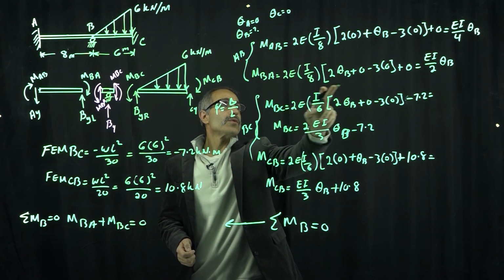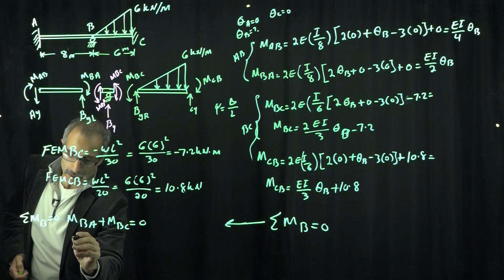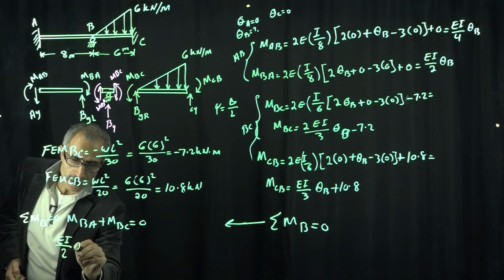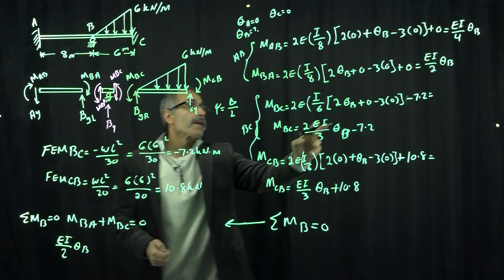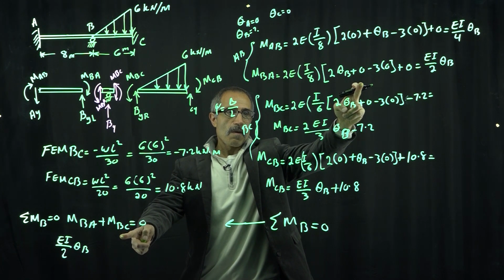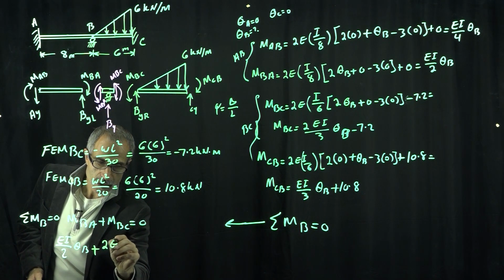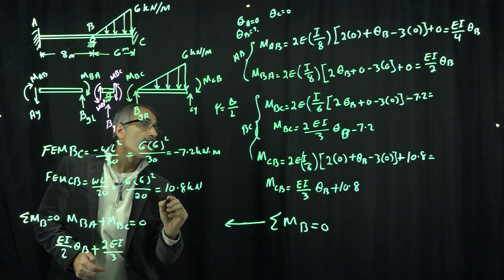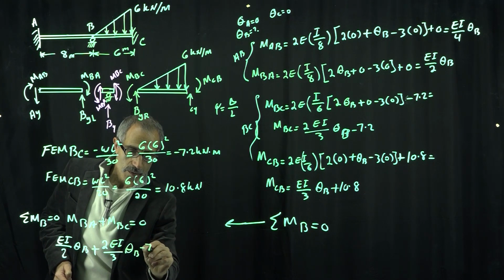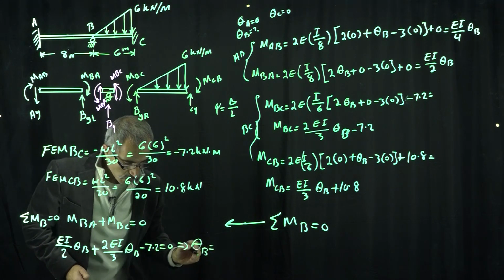MBA comes out to EI divided by 2 times theta B, and MBC is 2EI divided by 3 times theta B minus 7.2. Adding them, we have EI divided by 2 theta B plus 2EI divided by 3 theta B minus 7.2 equals 0.